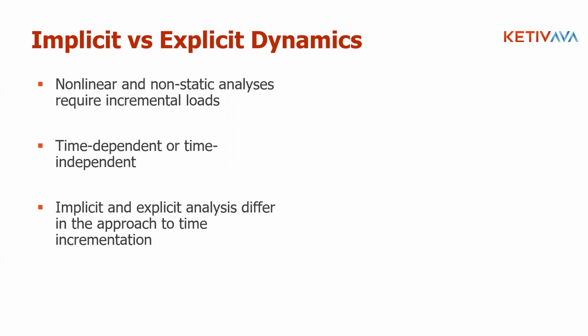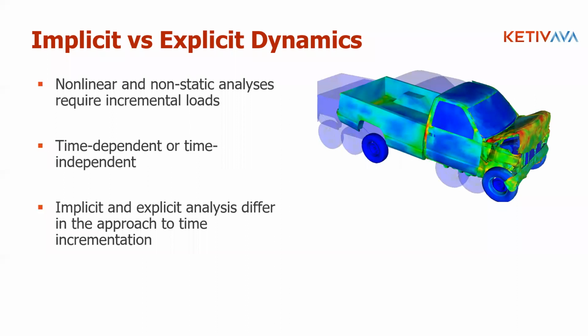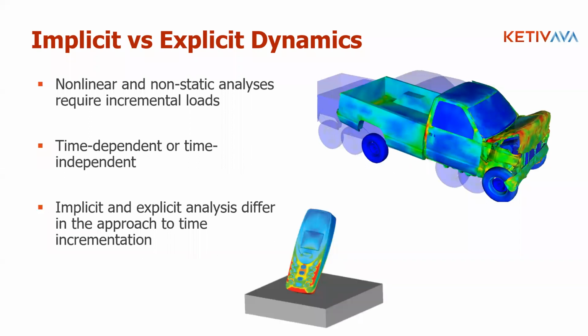Typically the types of analysis that you'll see from explicit dynamics are crash tests, for instance, right? You will actually be able to see what the shape of the entire truck, in this case, looks like after it has impacted another object, after it has crashed. This is the type of analysis they would use in identifying whether or not your vehicle is safe, whether or not, for example, your phone is going to survive a drop test.